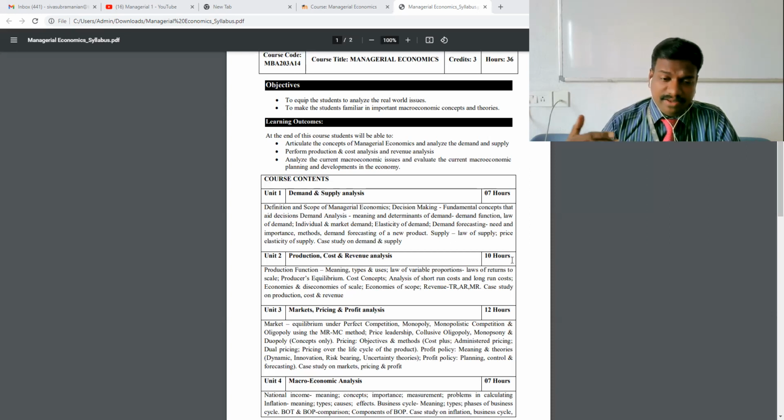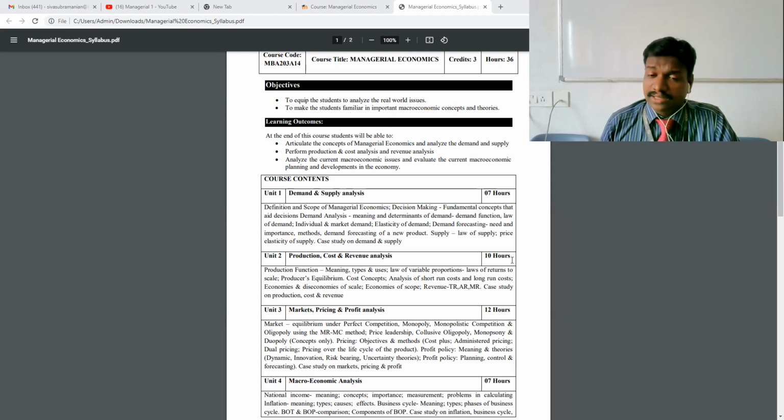So why do we need to study these things in managerial economics? Because production, cost and revenue are an important and integral part of the business. After studying these concepts, we will be able to apply them to our business.